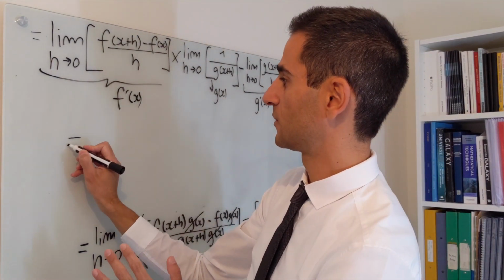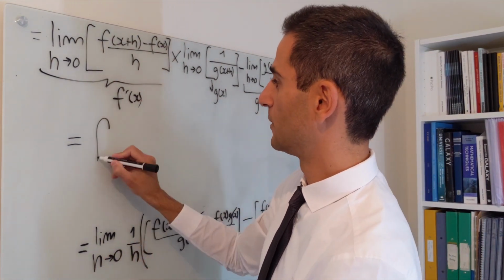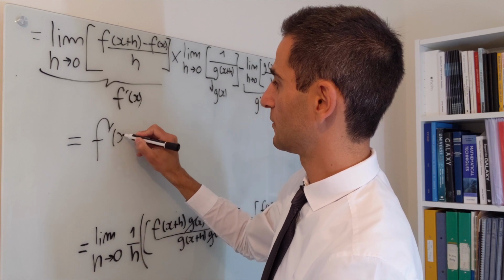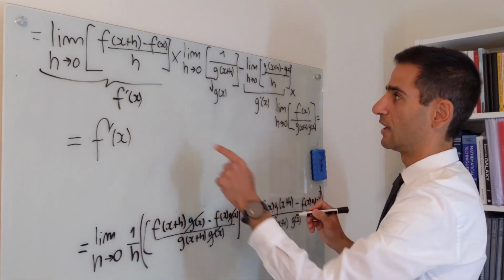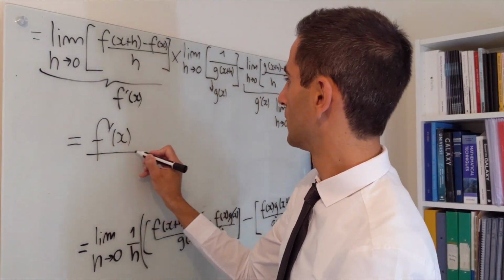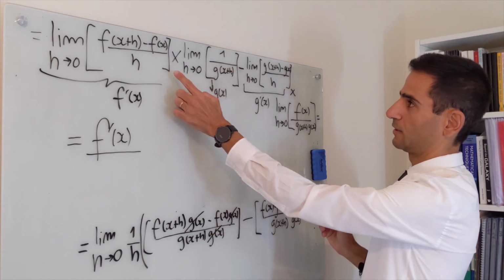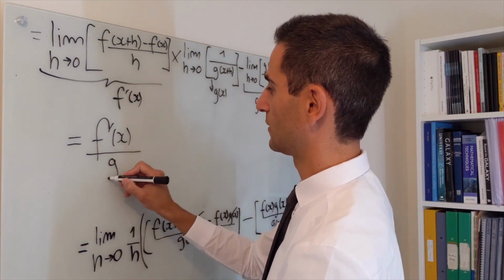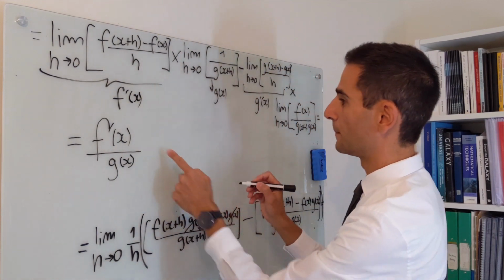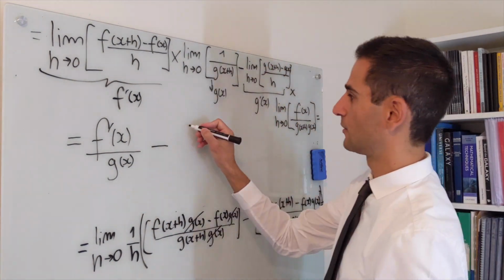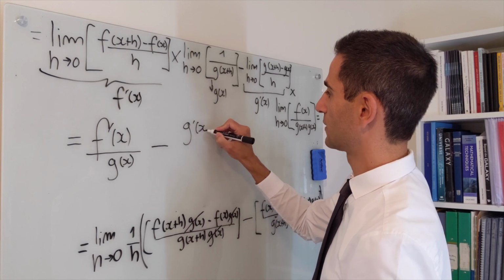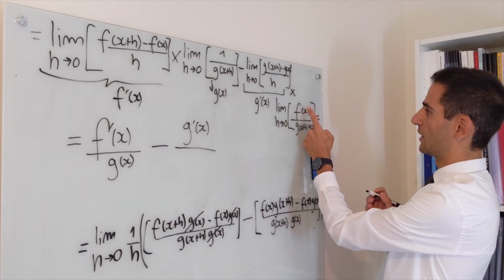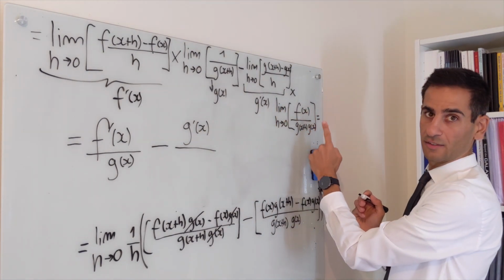It means that what we have there can be written more simply as the derivative of f of x divided, because this is multiplying by 1 over g of x, so it's divided by g of x, minus the derivative of g of x multiplied by f of x over g of x squared.